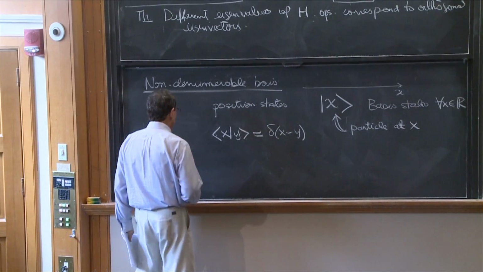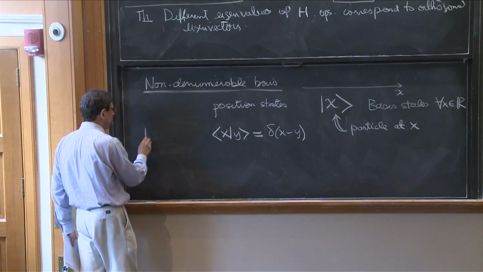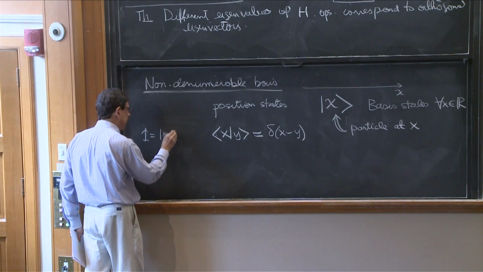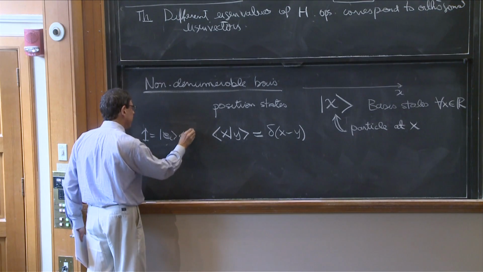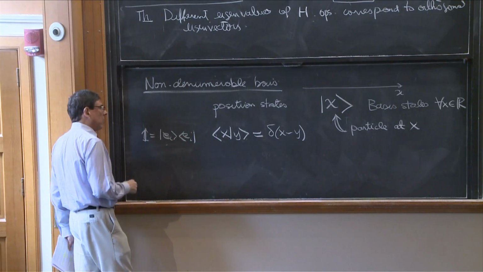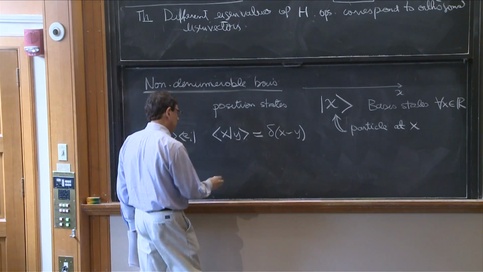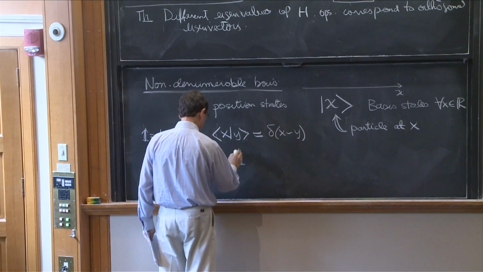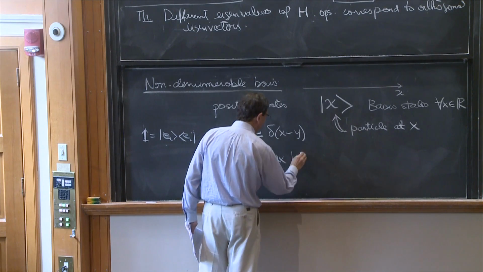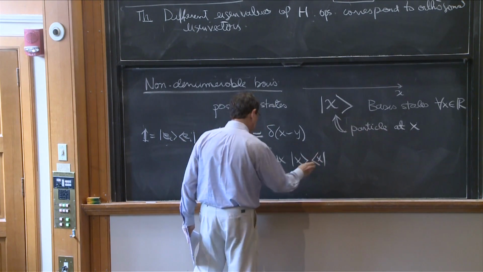So remember, we had 1 was the sum of all |e_i⟩⟨e_i|. The unit operator was that. Well, let's try to write a similar one. The unit operator will be the integral over all x's of |x⟩⟨x|.